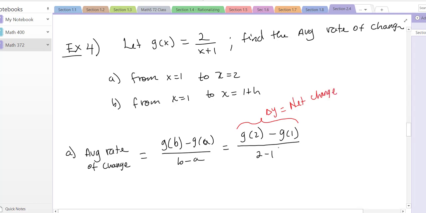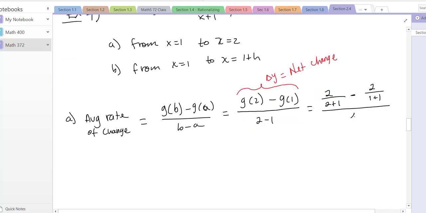So what's g of 2? Plug it in, right? My function is 2 over x plus 1, so when I plug in 2, we're going to get 2 over 2 plus 1, minus 2 over, plug in 1. G of 1 is 2 over 1 plus 1, all over 1.